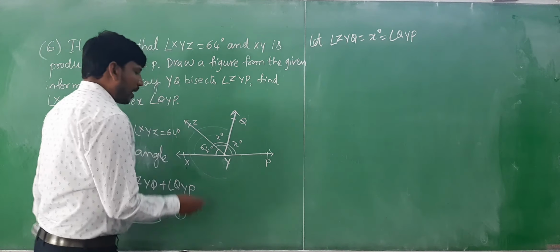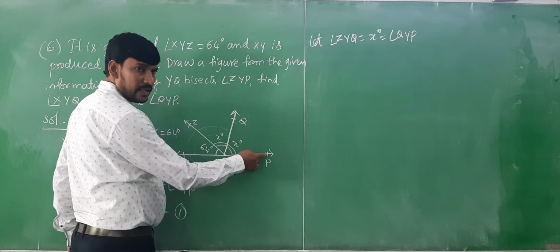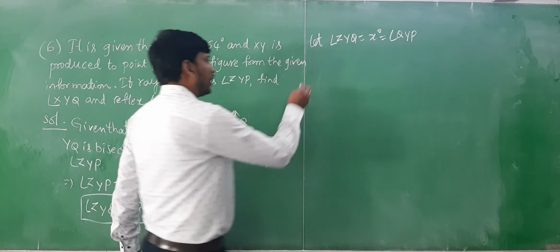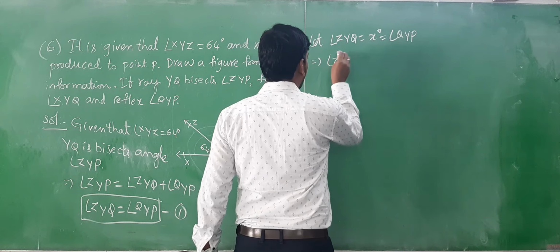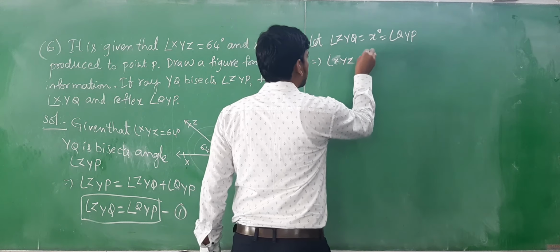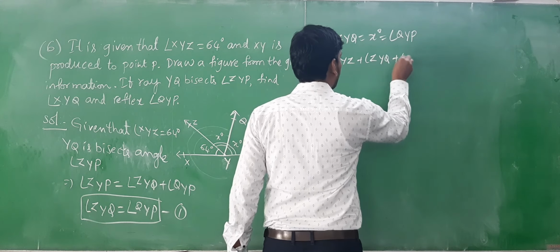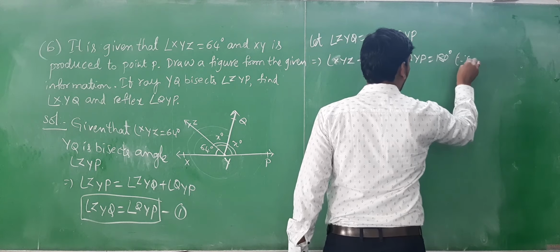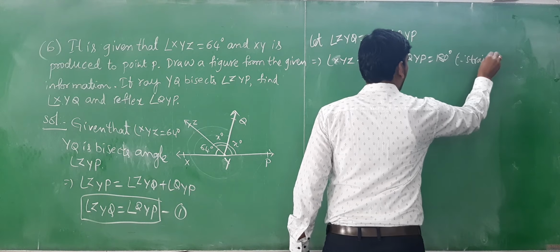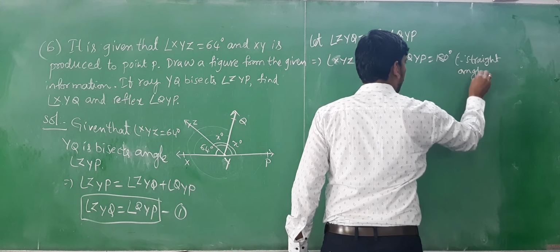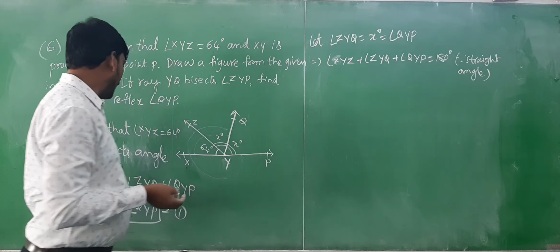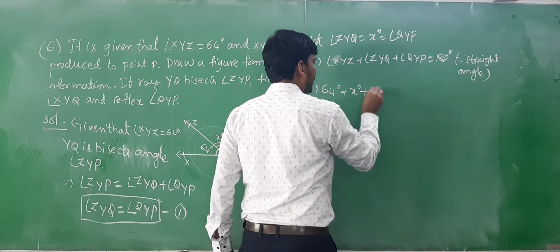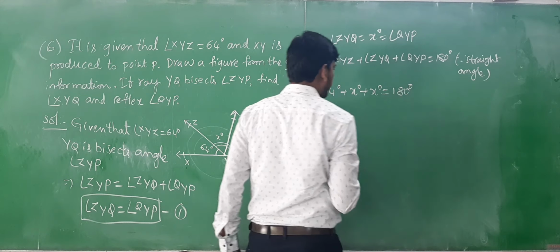Now observe here, XYP is a straight line. The sum of these three angles will be 180 because it is a straight angle. So angle XYZ plus angle ZYQ plus angle QYP is equal to 180 degrees, since it is a straight angle. We know XYZ is 64 degrees, so 64 degrees plus 2x degrees is equal to 180 degrees.